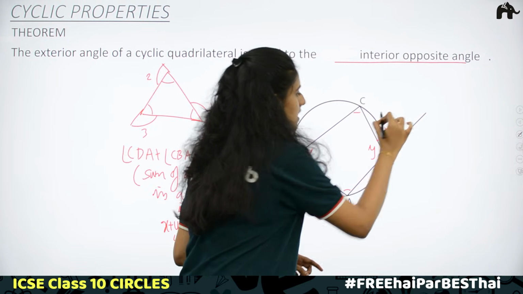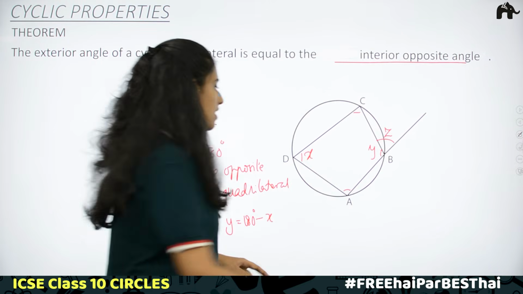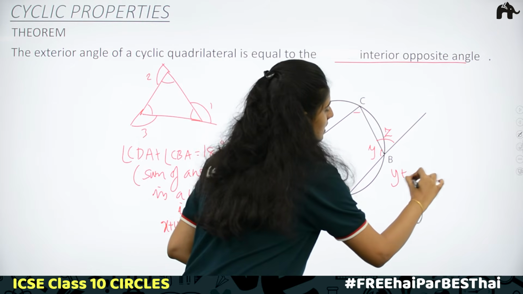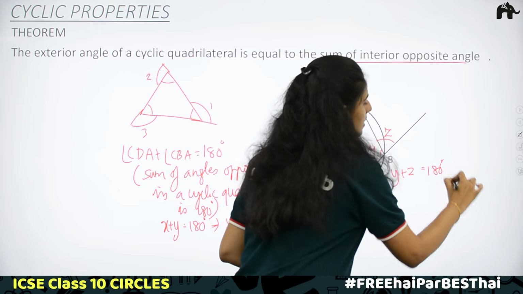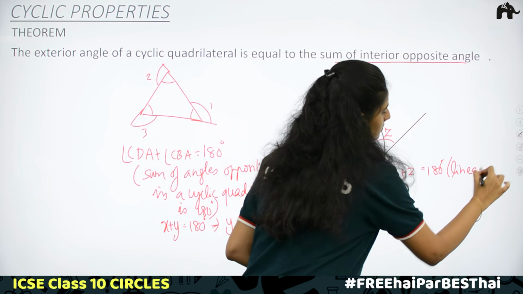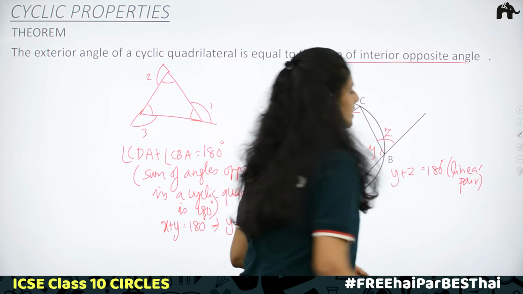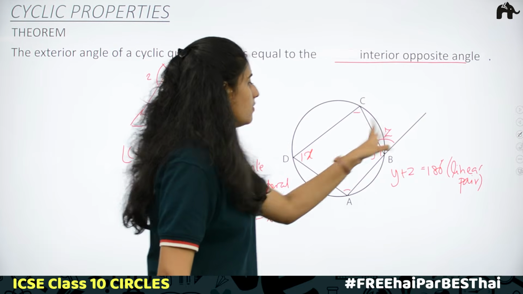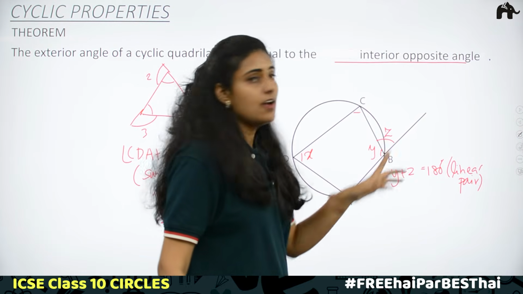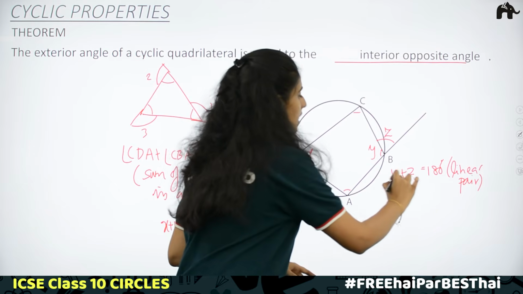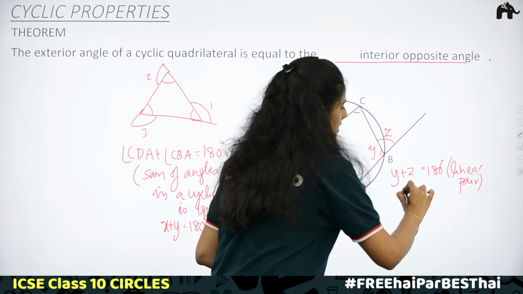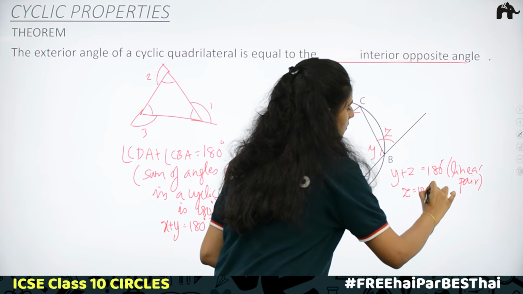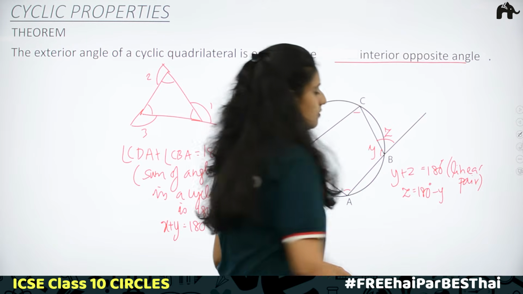I am taking this exterior angle B as z. What is y plus z? Y plus z will also be equal to 180 degrees, linear pair. The sum of angles on a straight line is equal to 180 degrees. Therefore, y plus z is equal to 180 degrees. Then z will be equal to 180 degrees minus y.